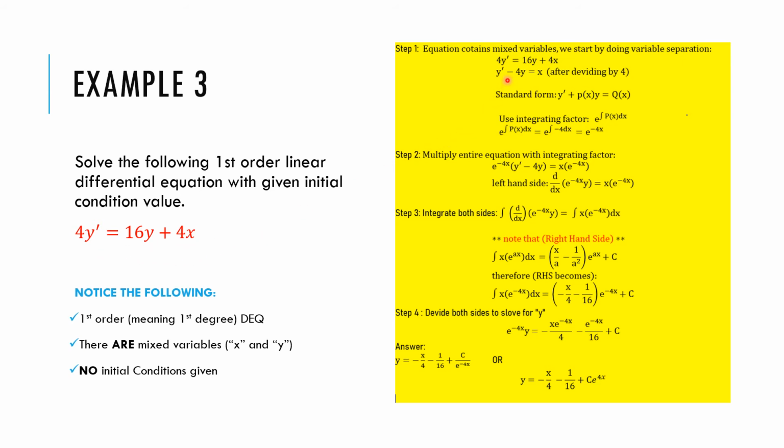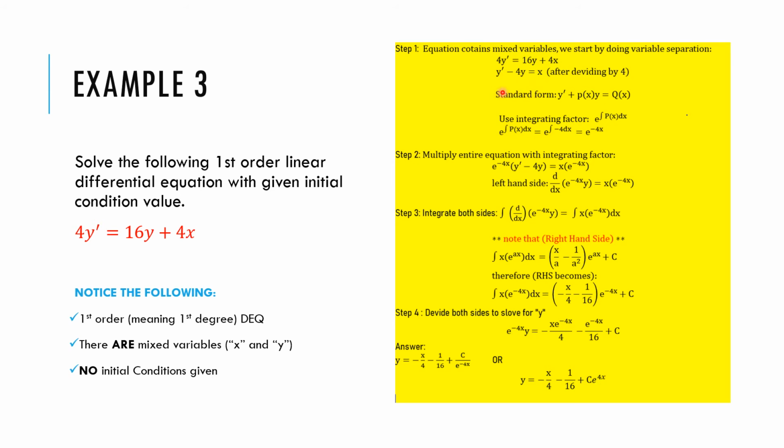Okay, so this is what you're given over here. You have 4 times y prime equals 16y plus 4x. Then I'm going to divide through by 4. If I divide through by 4, I would get y prime minus 4y equals x.